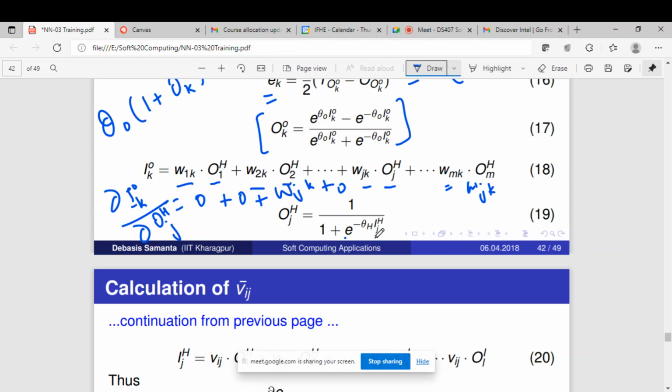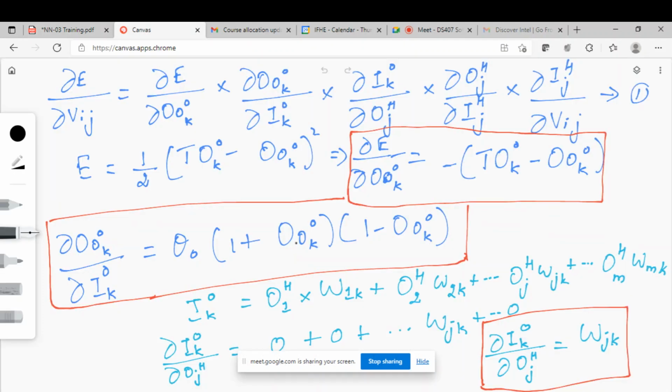These are the things which we have already discussed. This is the derivative of error with respect to output, minus (t_k minus O_k), and this is the derivative of output with respect to input, theta o into O_k into 1 minus O_k. This is the derivative of input with respect to O_j^h, which is nothing but WJK.